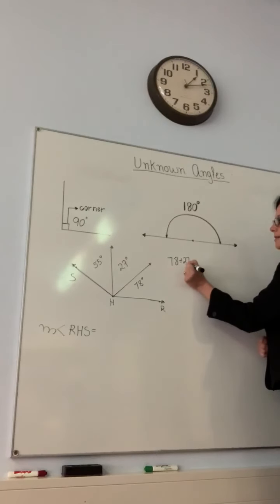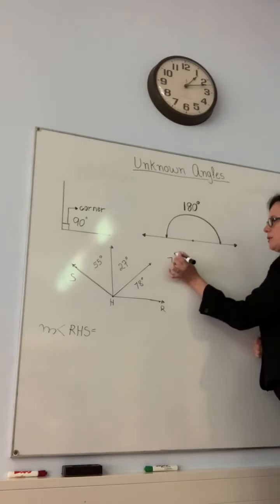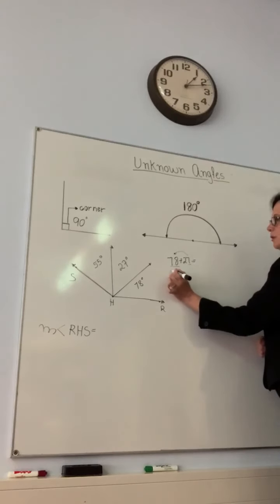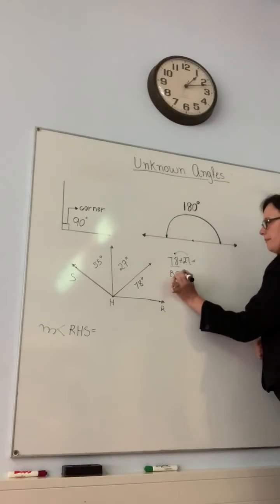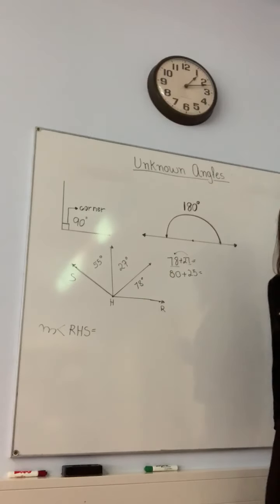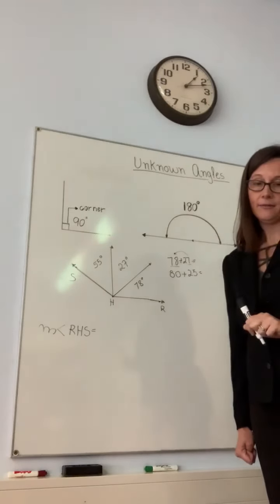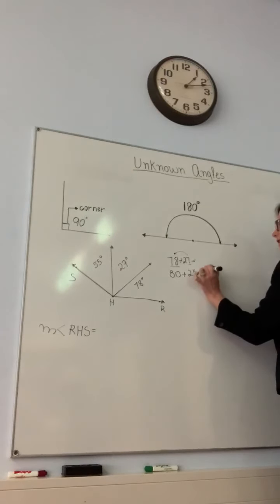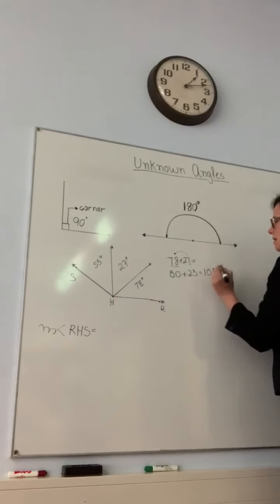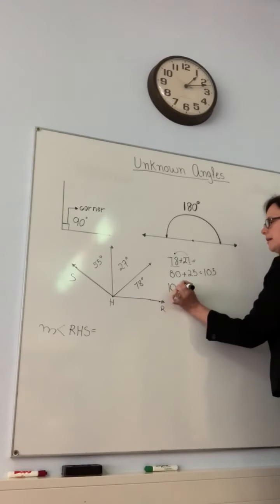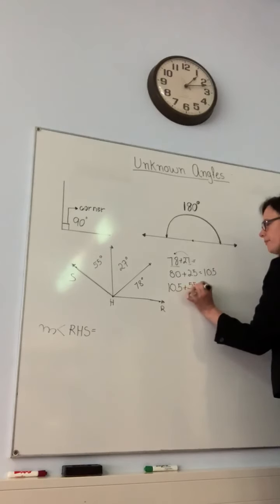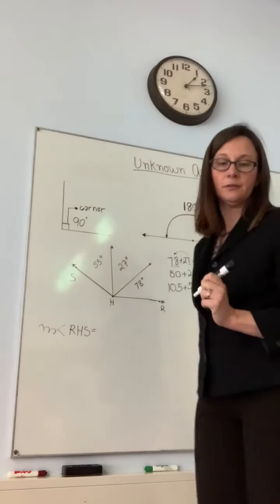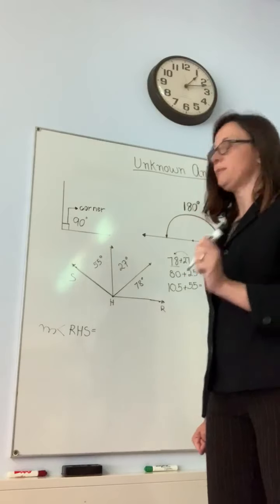I take 2 out of the 27 and give it to this number here. It becomes 80 plus 25. What is 80 plus 25? That equals 105. Now, 105 plus 55 equals, what is 105 plus 55?